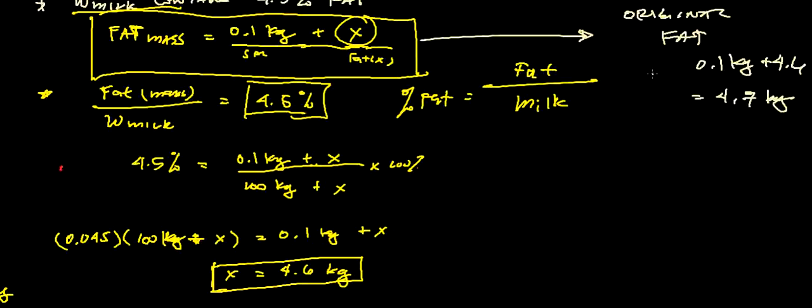So initially, the fat content of whole milk is 4.7 kilogram, right?